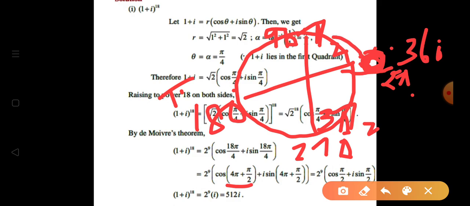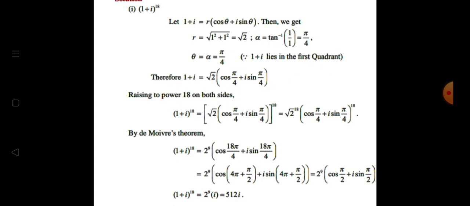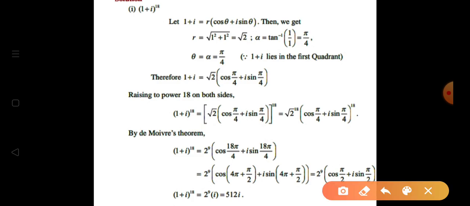So 4 pi plus theta, it means which quadrant? First quadrant. 4 pi plus theta appears in the first quadrant, so we get cos theta. Cos (4 pi plus pi by 2) is equal to cos pi by 2, and sin (4 pi plus pi by 2) is also equal to sin pi by 2.